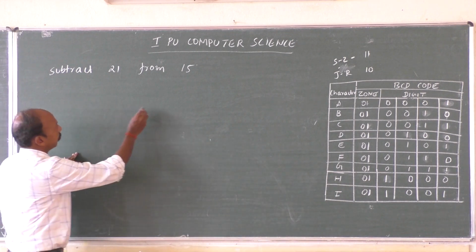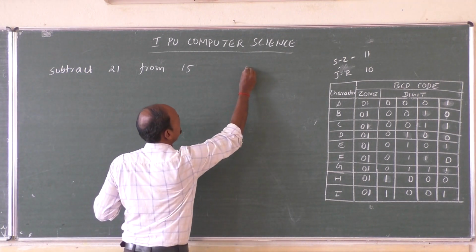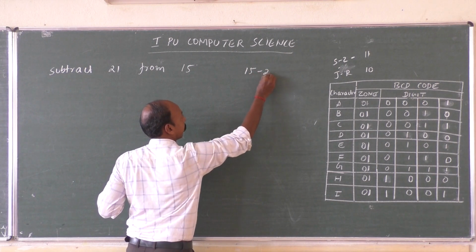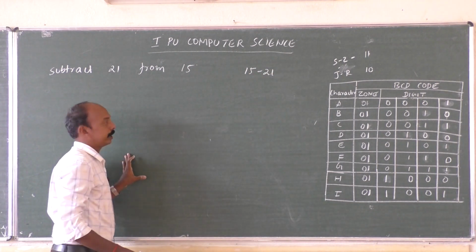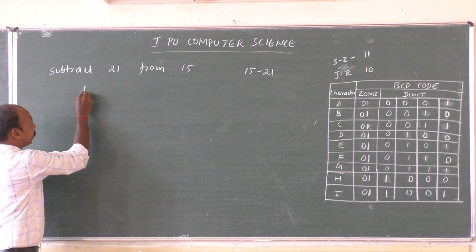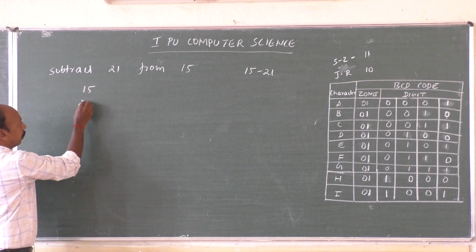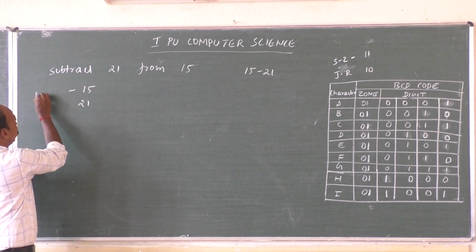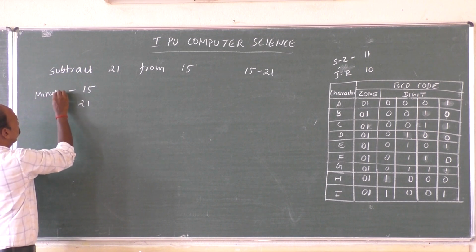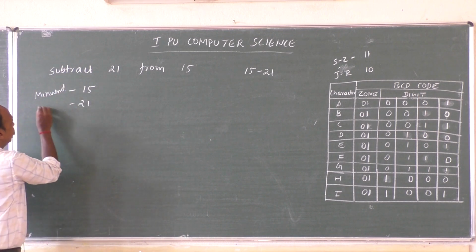So here it is 15 minus 21, isn't it? 15 minus 21. 15 is the minuend, and 21 is the subtrahend.